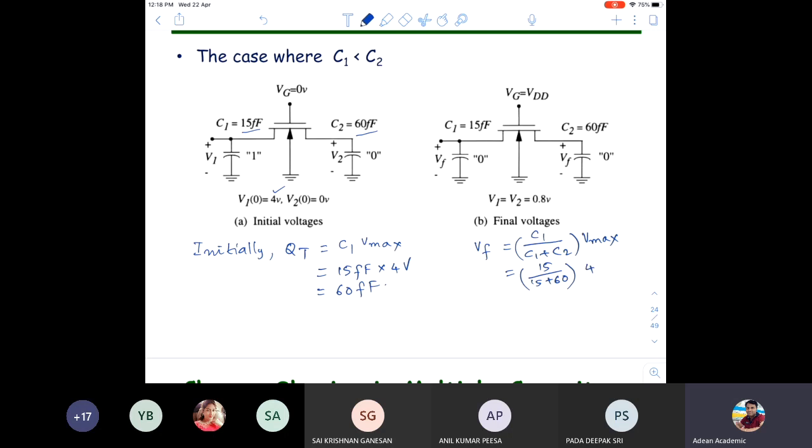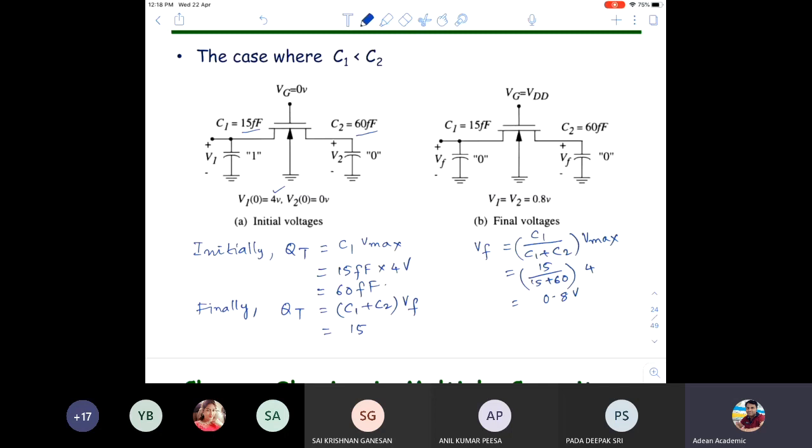Vmax is 4. So 15 by 15 plus 60 into 4, you will be getting it as 0.8 volts Vf.